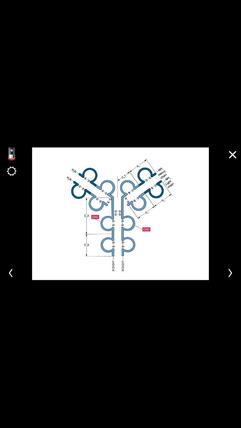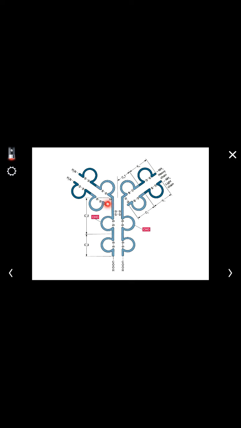Okay, so just a little bit different antibody structure. You have your variable heavy, constant heavy, constant light, variable light, constant light, variable heavy, constant heavy.